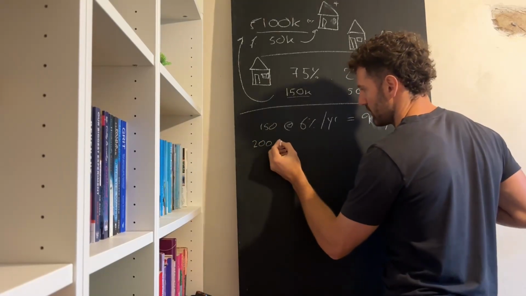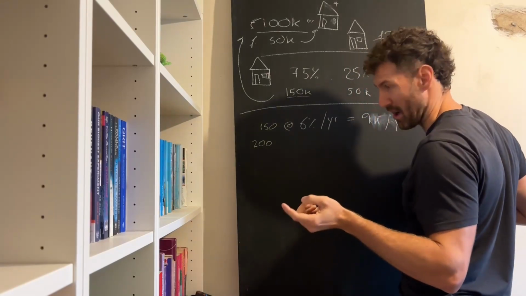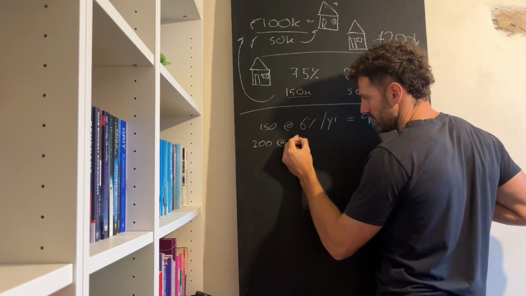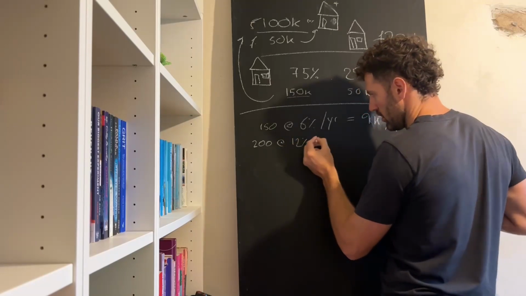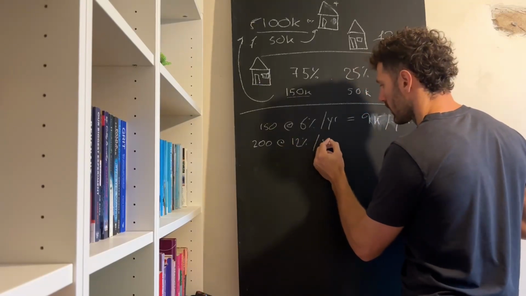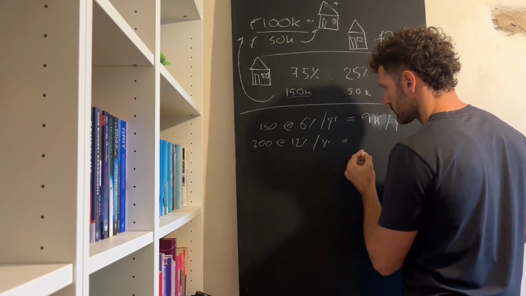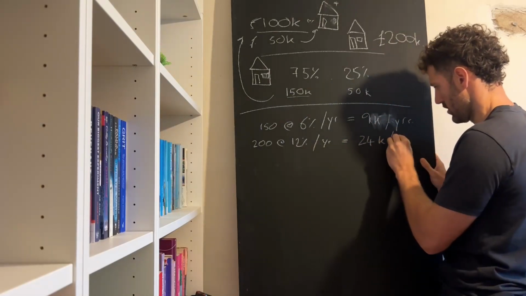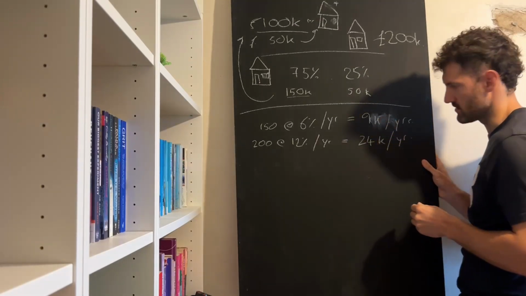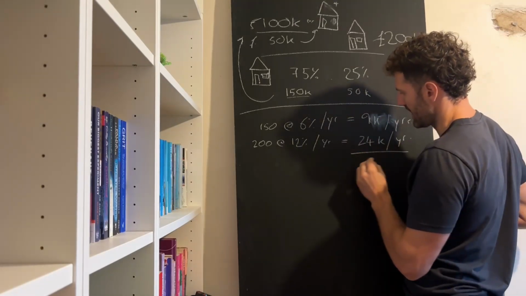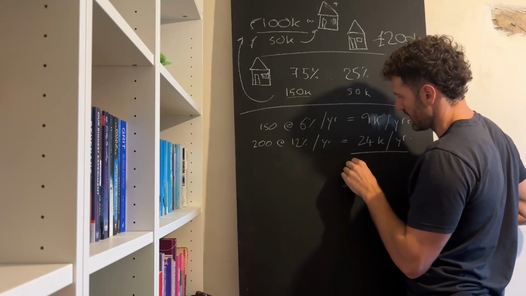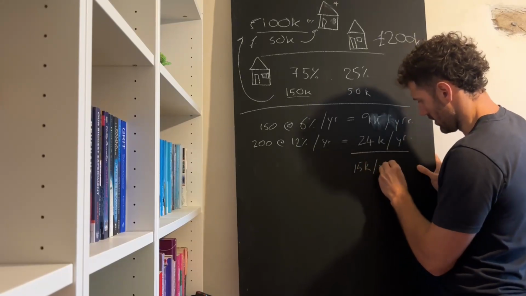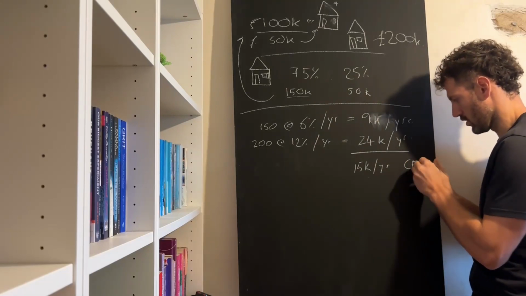Let's work at 10% and be conservative. You should get 12% plus probably, but a 200k asset at 12% per year is going to give you 24k per year. You see where this is going? So if you take that 9k away from 24k, you're going to be left with 15k per year in cash flow or profit.